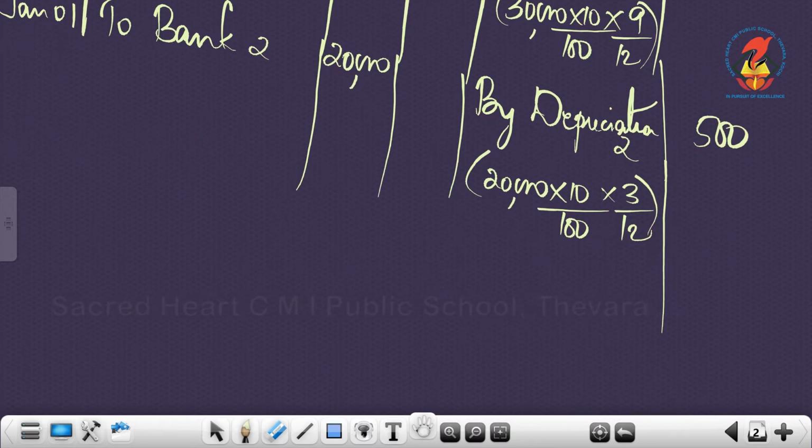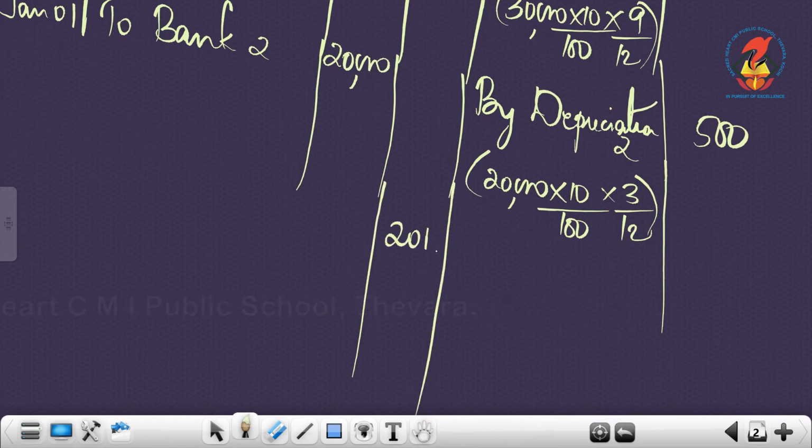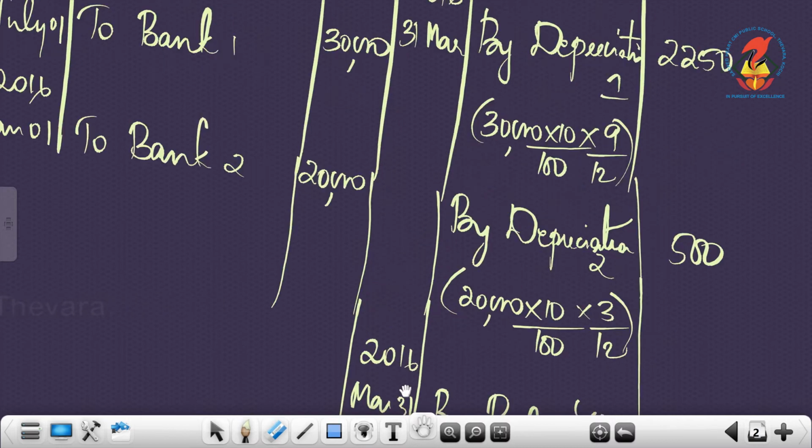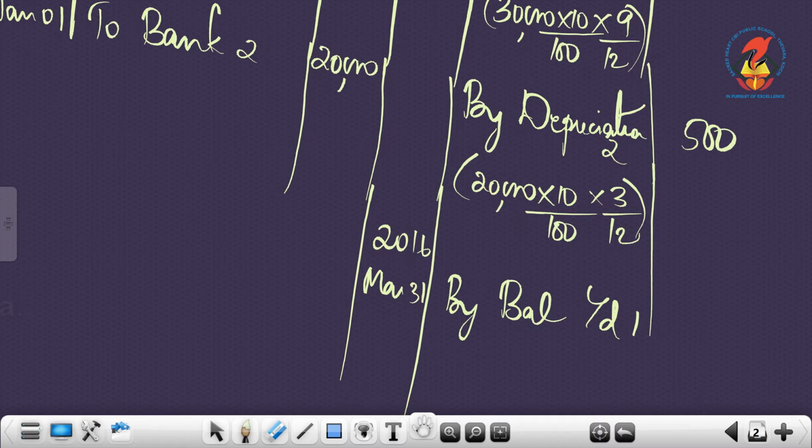Now we can write the balancing figure. Nothing else in the first year. So again balancing figure on the same date, year ending, we will write the balancing figure by balance carry down. Carry down 1 we will write first, that is 30 minus 2,250. That's how you have to take the balancing figure. All these we have done before.